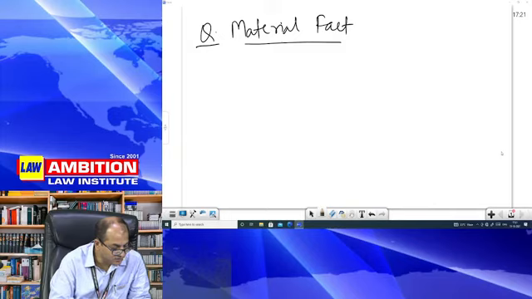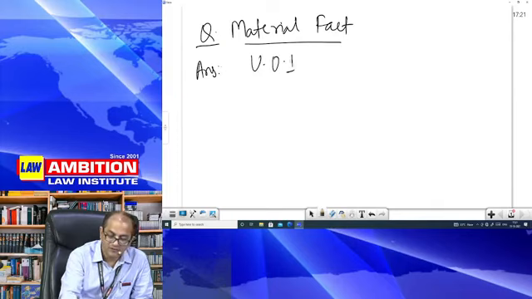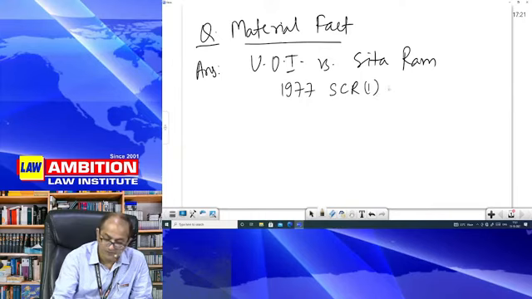This is Union of India versus Sitaram, 1977, SCR, Supreme Court Reporter 1, page 950.